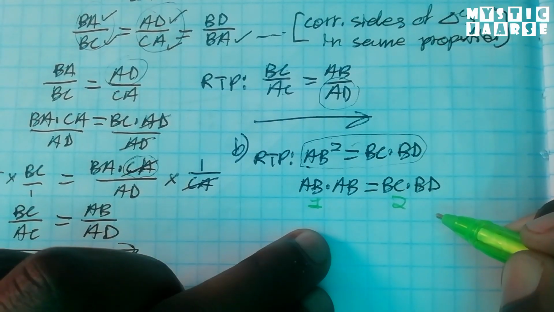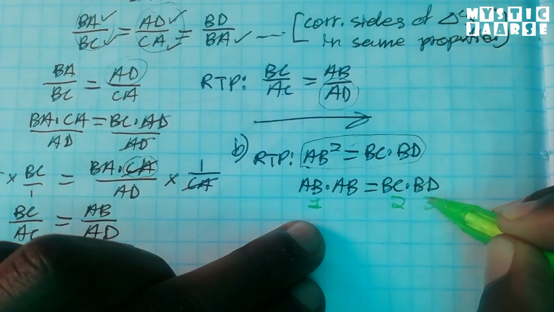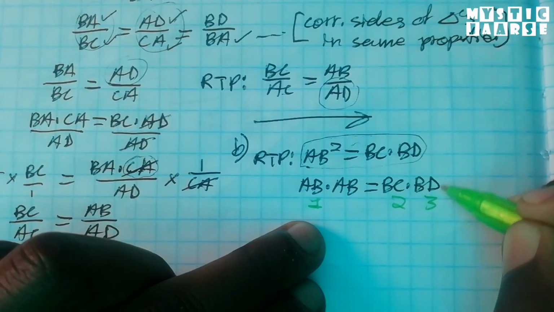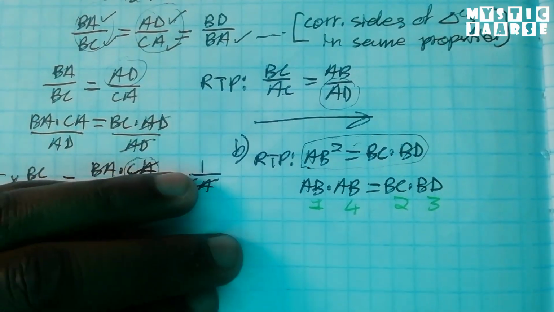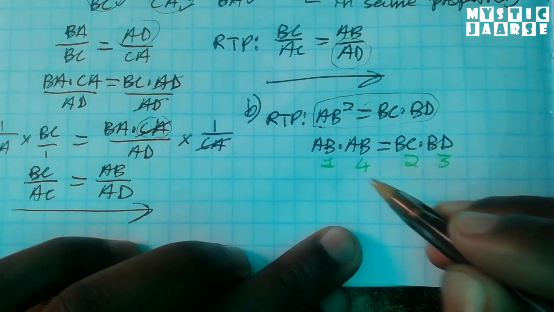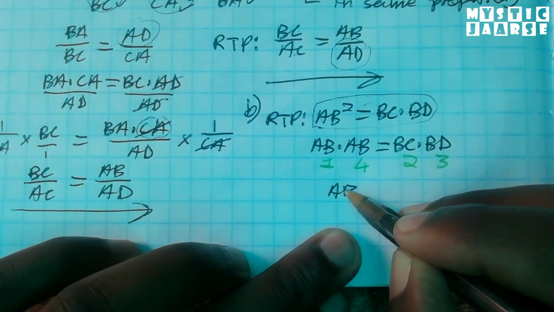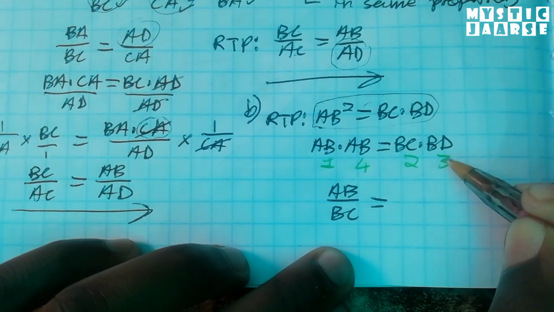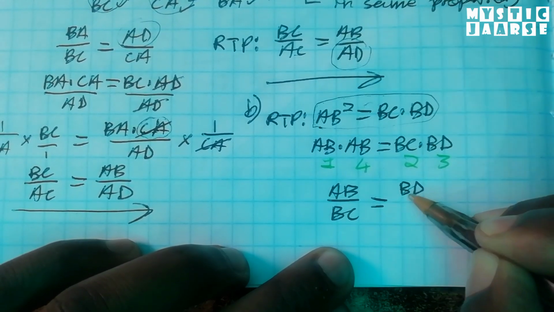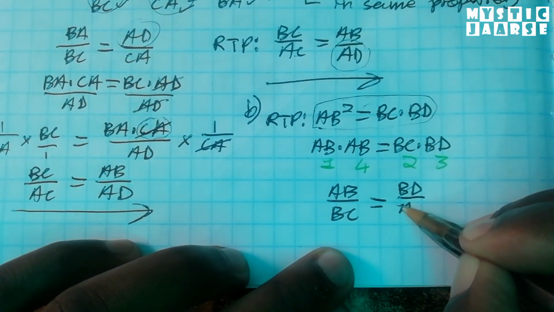This is how I do it. So my third number will be my new numerator on one side, and this is the fourth number. So I will be having 1 AB divided by 2 BC is equal to 3 BD divided by 4 AB.